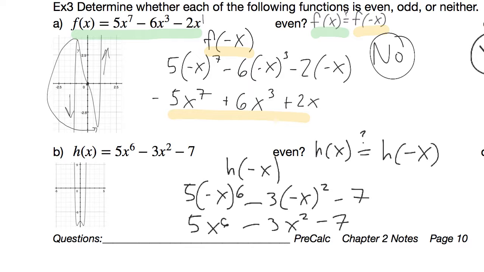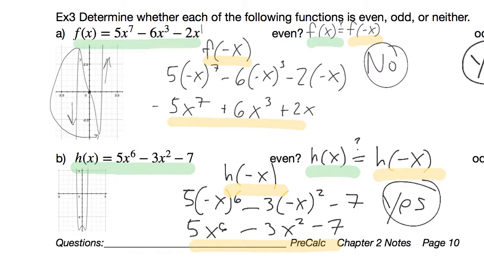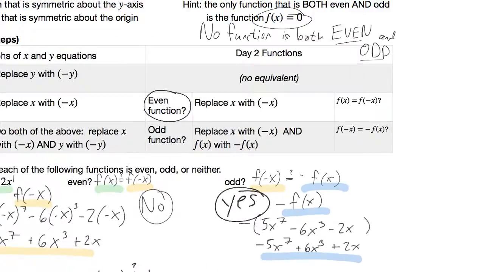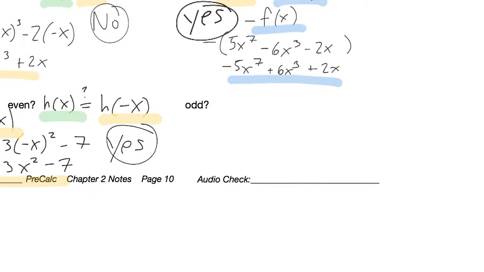And so comparing things, we see that h of negative x is equal to h of x. So yes, it is even. The green part equals the yellow part. Now, if it's even, then we don't need to worry about it being odd. Remember, no function is both even and odd. So if it's even, we don't have to worry about a test here. It is definitely not going to be odd.